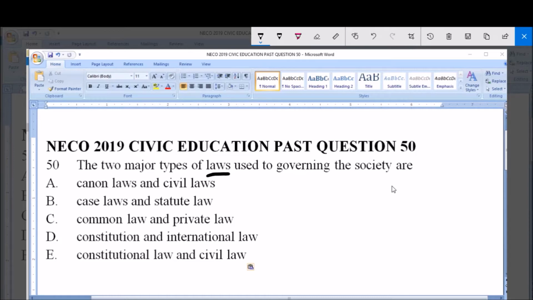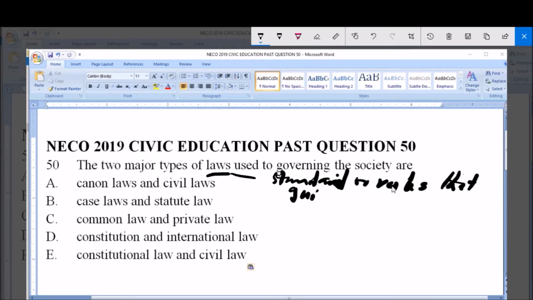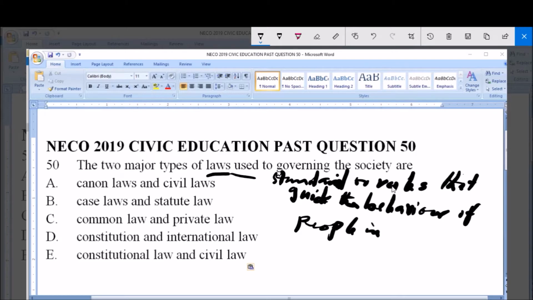And as we all know, law simply means standard or rules that guide the behavior of people in the society.